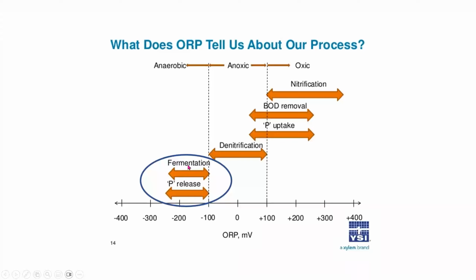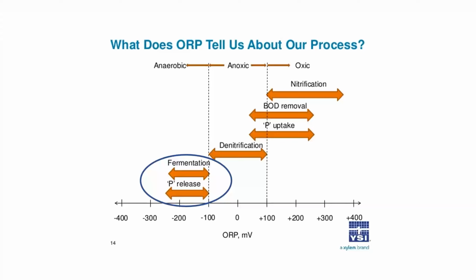Call that fermentation. So we're not quite anaerobically digesting. If we're anaerobically digesting, those volatile fatty acids get broken down into methane gas. And of course, if you get rid of the volatile fatty acids by breaking them down to methane gas in an anaerobic digester, they're not available for the PAOs, the bio-P bugs, the phosphorus removing microbes.